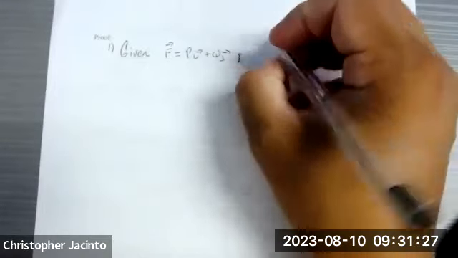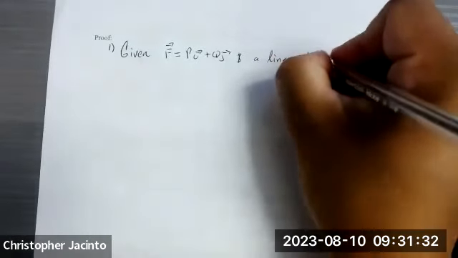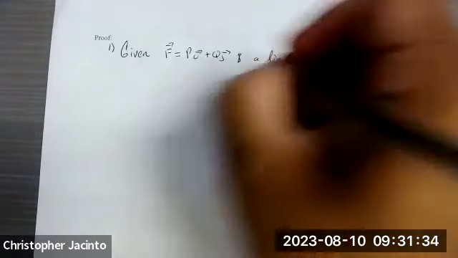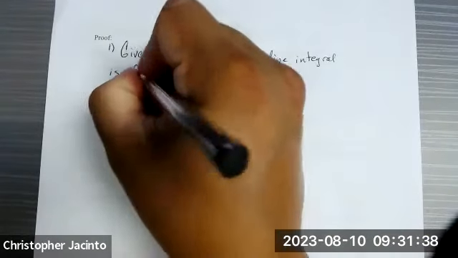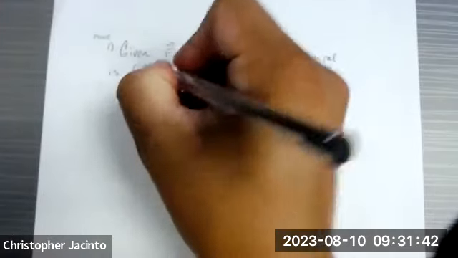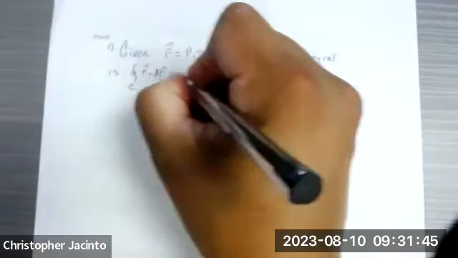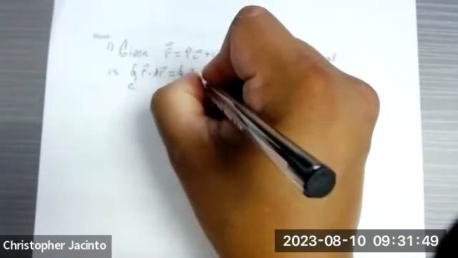And we have a line integral. And that line integral is equal to this. By definition, according to Green's theorem, it could equal this.